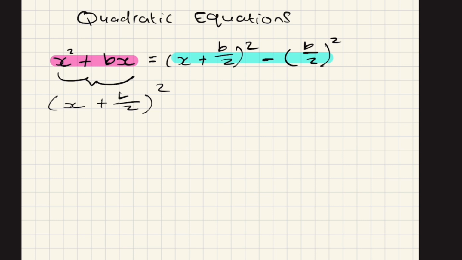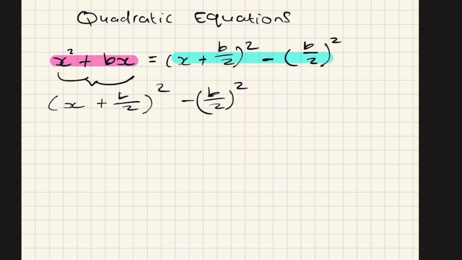But we must first start by halving the x's coefficient, and we also must remove the square from the x and put it to the outside, and then we minus the b/2 squared.